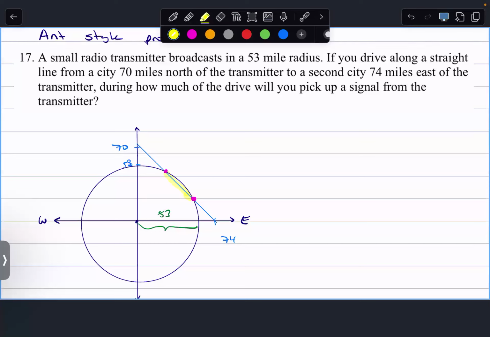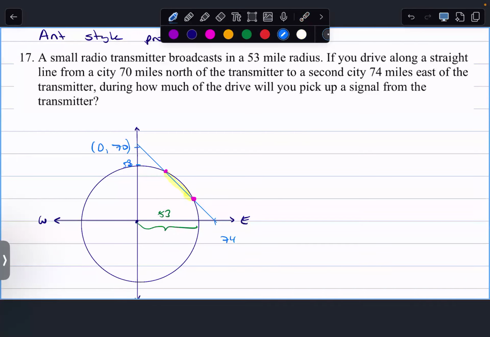You've got a circle and you've got a line, and you need to find the intersections. But in order to find the intersections, you first need to find their individual equations. How do you find the equation of a line? Let's start there. If we talk about this as a coordinate grid, then this is at x is 0, and y is 70, so we can write it as 0, 70.